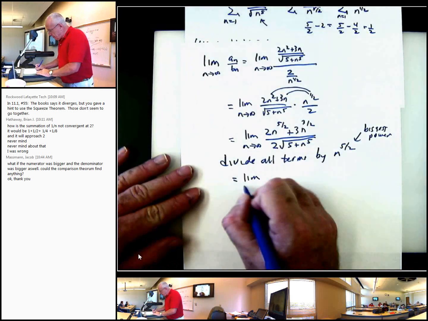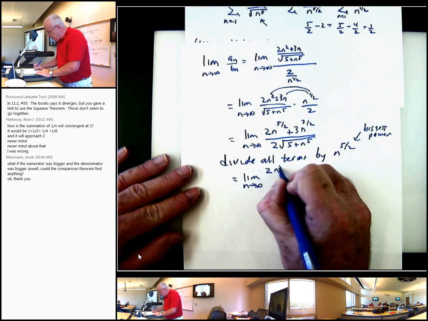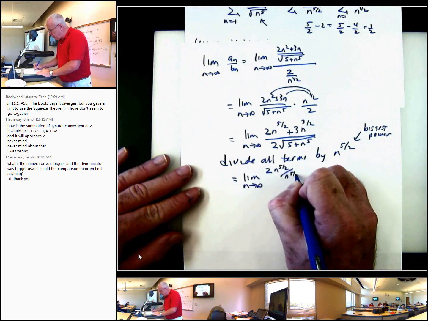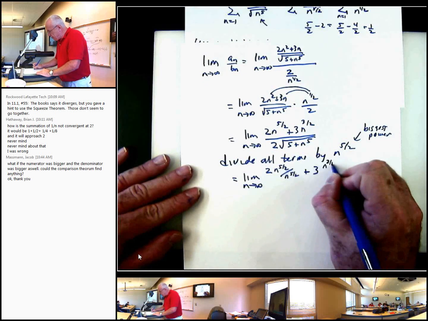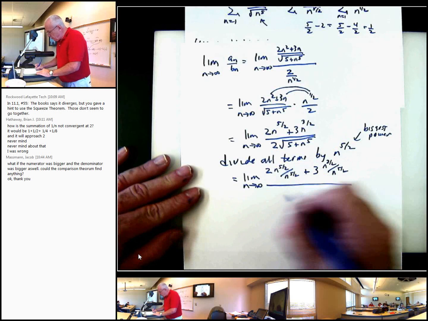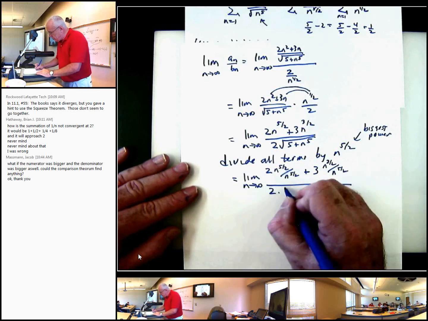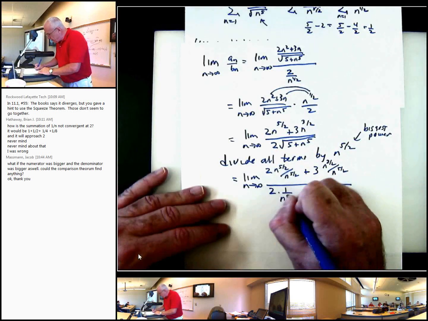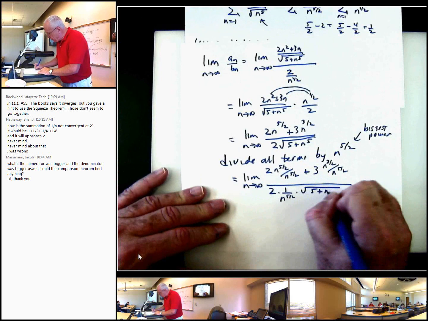So this is going to be the limit as n goes to infinity of 2n to the 5/2 divided by n to the 5/2 plus 3n to the 3/2 divided by n to the 5/2, all over 2 times 1 over n to the 5/2 times the square root.